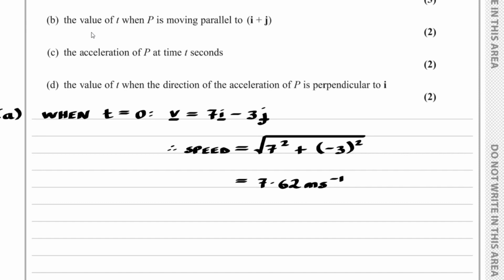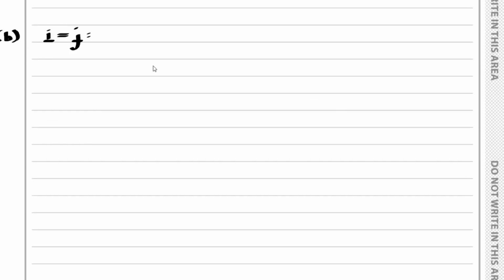For part B, we have to find the value of t when P is moving parallel to i plus j. If it's moving parallel to i plus j, we can say the i component is equal to the j component. So the i component, t squared subtract 3t plus 7, is equal to the j component, 2t squared subtract 3.